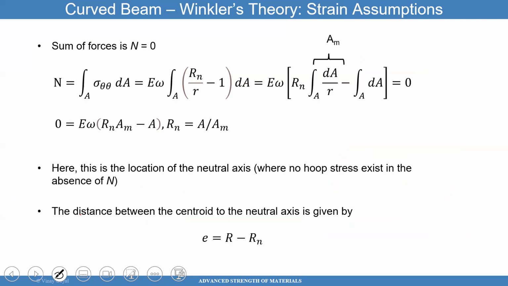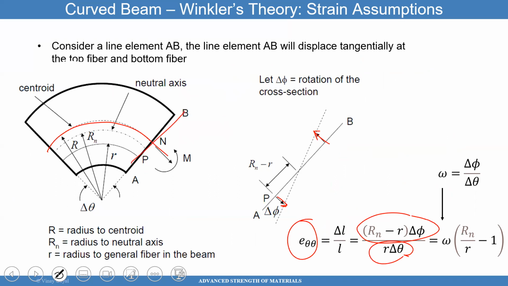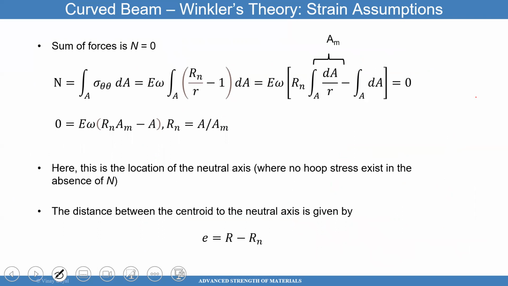Let's look at the sum of forces at this edge. We're assuming in this theory that there is no resultant force, so N is 0. For that reason, the integral of sigma theta theta dA has to be 0. The resultant force on that surface has to be 0.